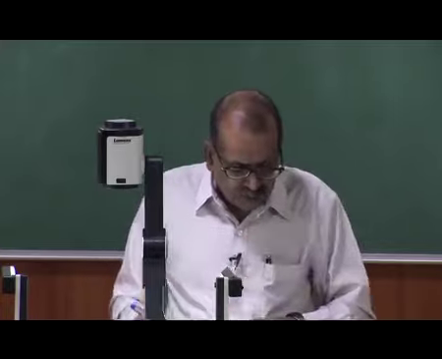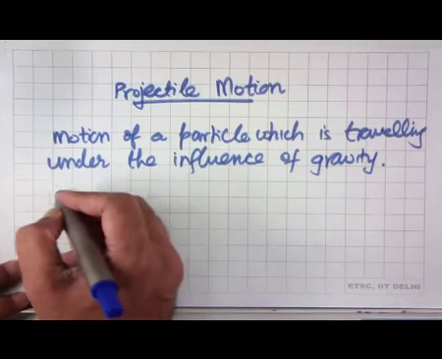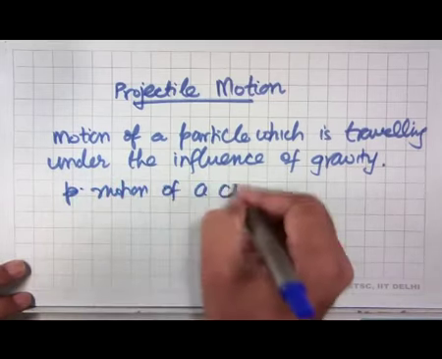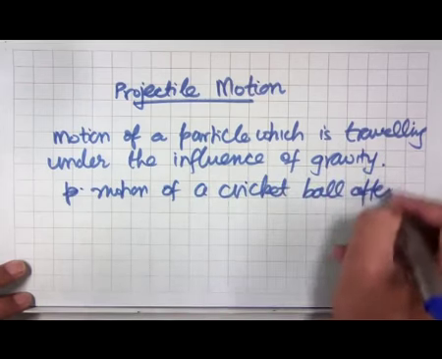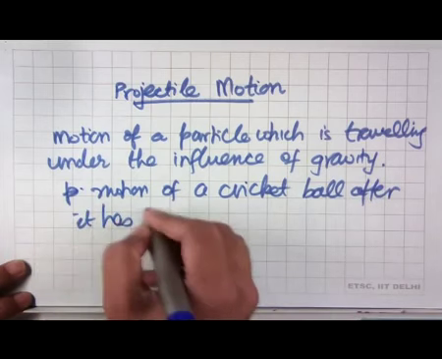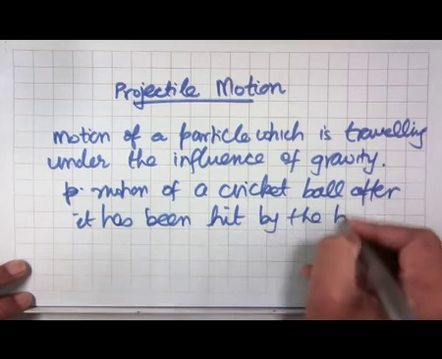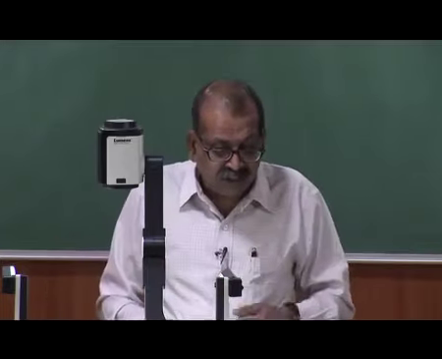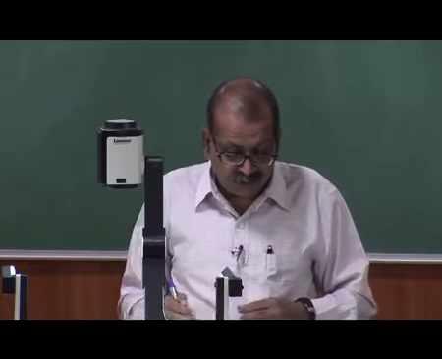Examples of motion like this would be the path of a cricket ball after it has been hit by the bat or after it has been delivered from the hand of a bowler, or the motion of a bullet after it leaves the gun. All these motions would be cases of projectile motion.